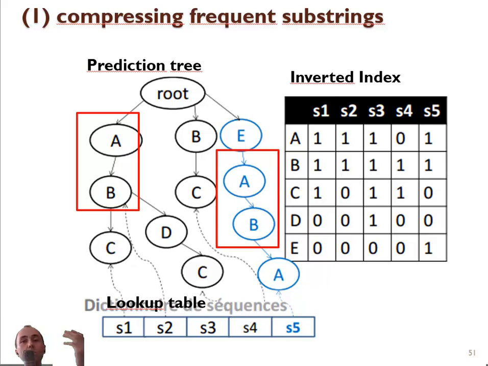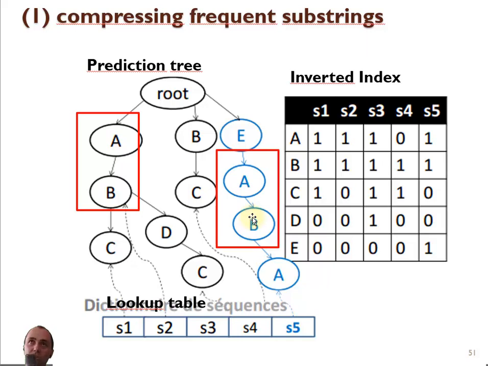Then I look at the subsequences that appear often in my database. I can do sequential pattern mining and find that AB appears many times in the database, A followed by B. Here I have highlighted A followed by B. One idea to make the model smaller is to replace A followed by B by only one node. I will show you.